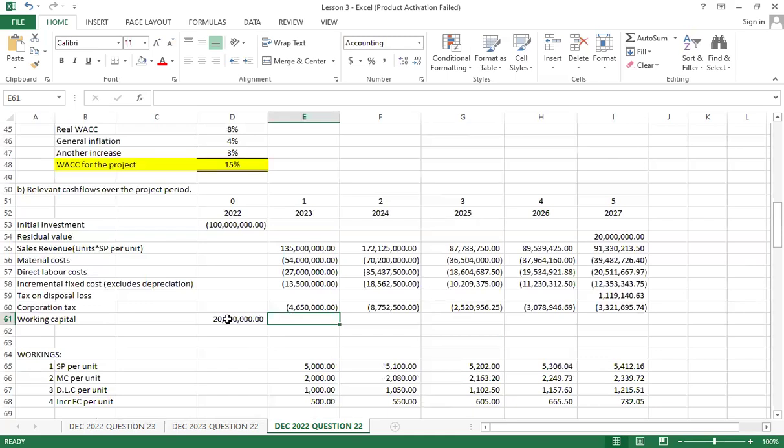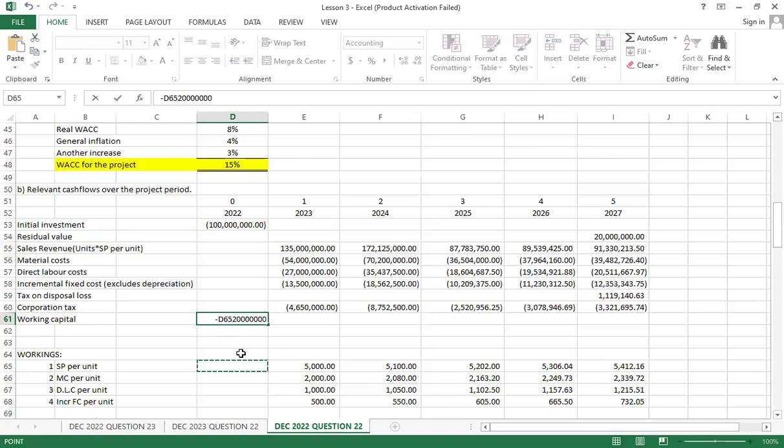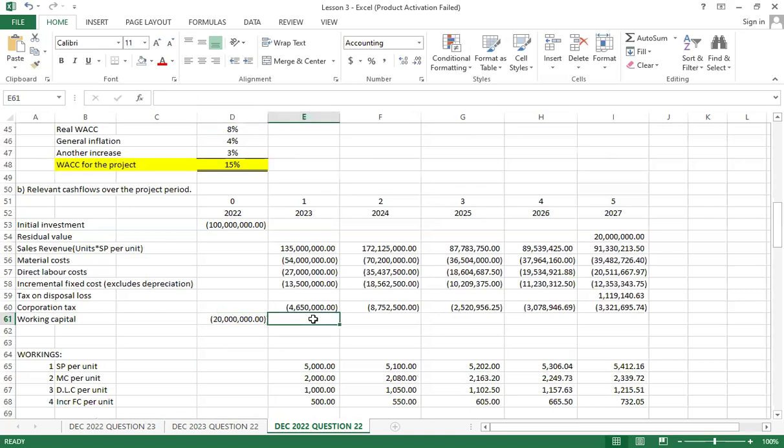First of all, please appreciate this: the working capital is also an expenditure, meaning that this should also be a negative cash flow. So it should be a minus. When I come to period 1, I now consider the increase, which is 5 million.